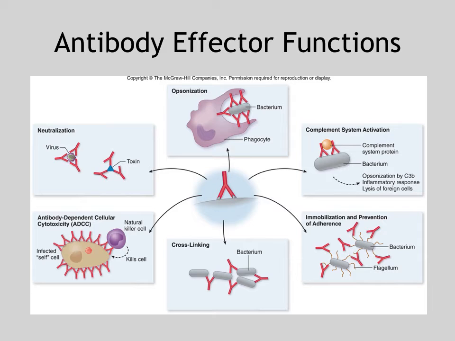The bottom right, immobilization, preventing adherence. So here it looks like the antibodies are binding to flagella, or they could be pili or fimbriae. Then we have in the bottom middle cross-linking, so creating these big aggregates of bacteria so they all get stuck together. This will help with phagocytosis and removal from the system. And then on the bottom left, we have that ADCC reaction where natural killer cells are responding to host cells that are bound by antibodies.